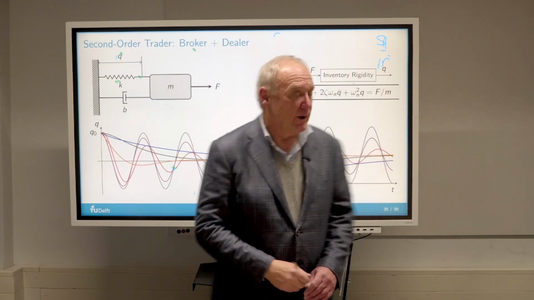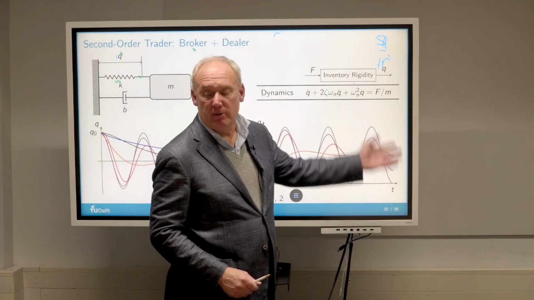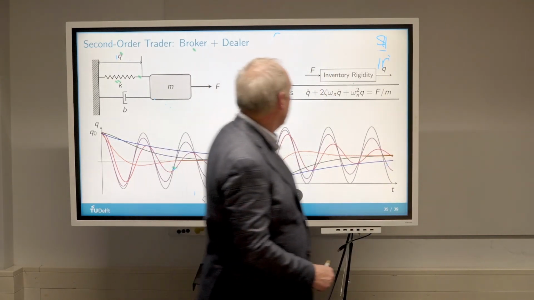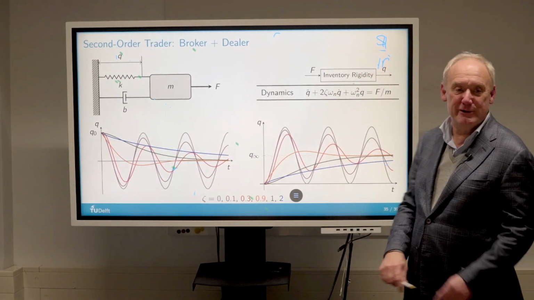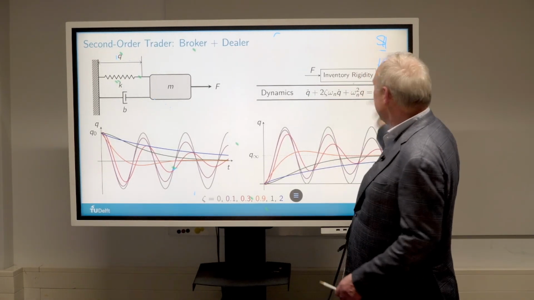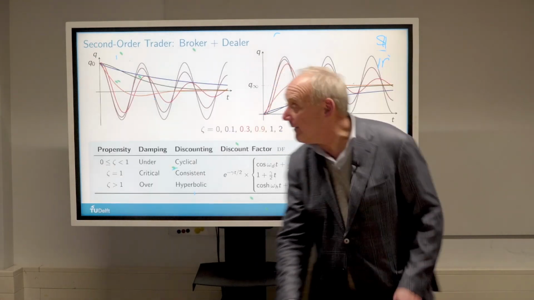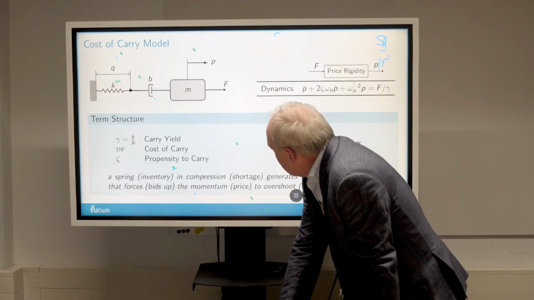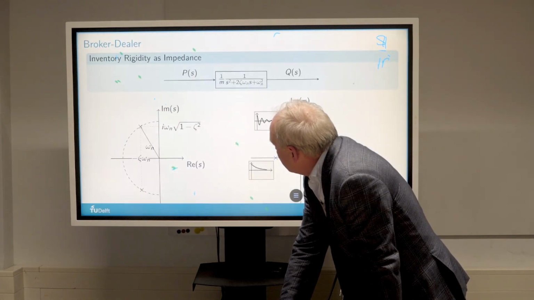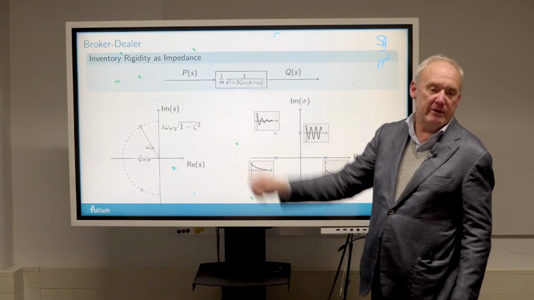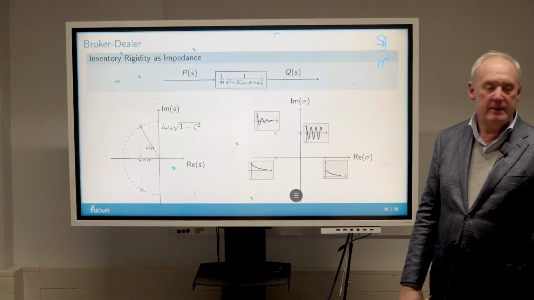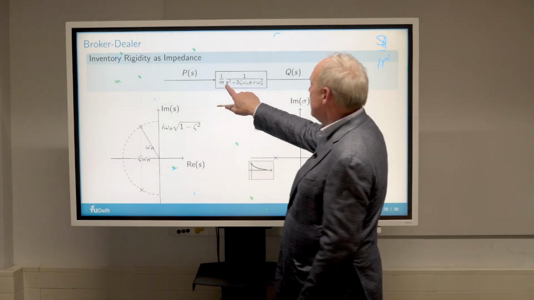Right, so what we want to do now is look at this from the frequency domain. You guys all know this, right? You put an S every time you see a dot, and then divide and multiply and so on. I always get it wrong, but I think I may have gotten it right this time. This is the same picture, but now in the frequency domain, right? So here you see clearly how you're imputing.